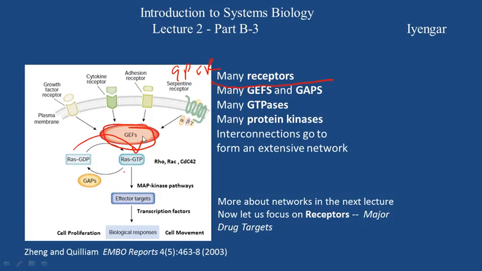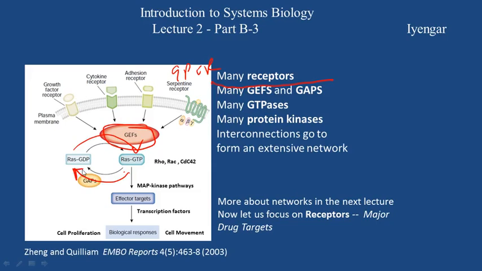And then there are these proteins called GAPs or GTPase activating proteins that are involved in the active deactivation of the GTPases, converting them back to the GDP bound state, and this gives rise to a cycle.